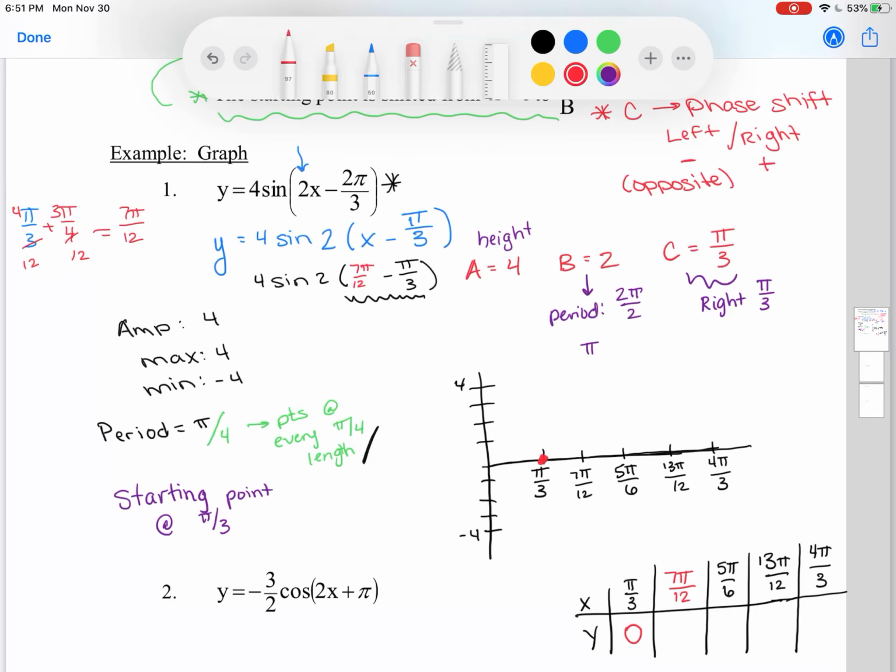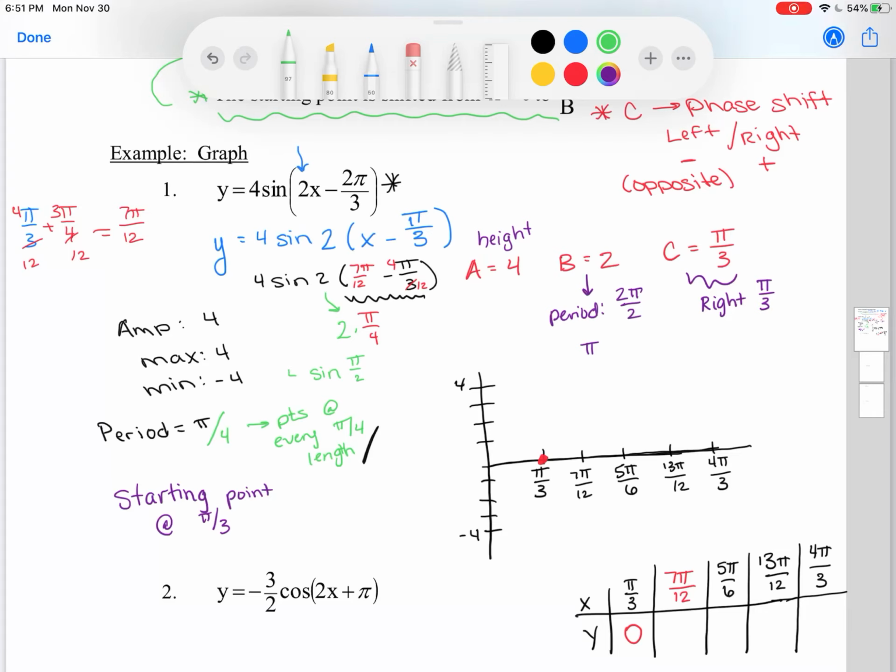Get a common denominator. So that's going to leave me 7 pi minus 4 pi gives me a 3 pi over 12. Well, 3 pi over 12 simplifies to just pi over 4. Bring down the 2. When I multiply 2 times pi over 4, I'm now looking at 2 pi over 4, which simplifies to pi over 2.